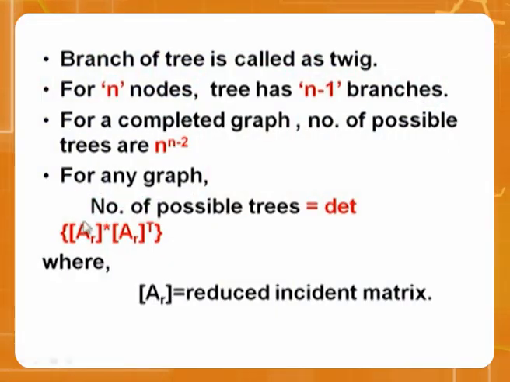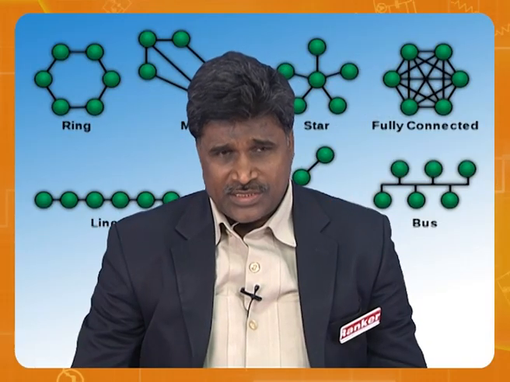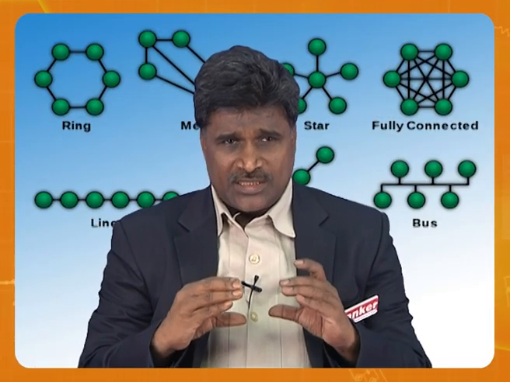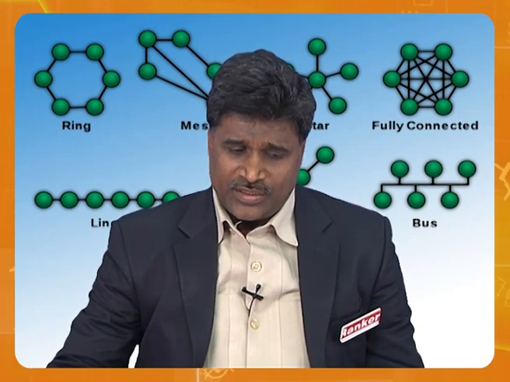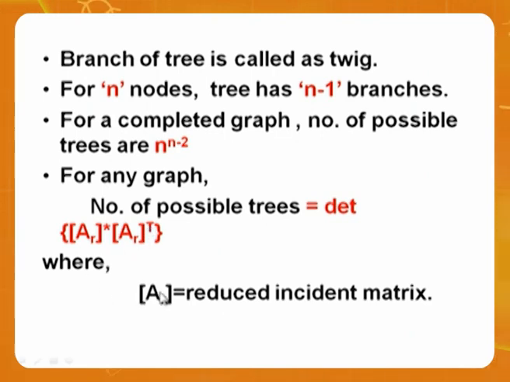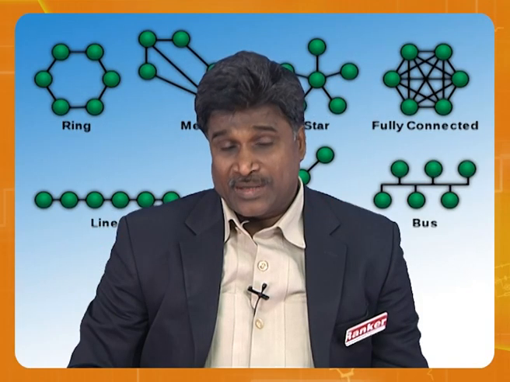For any graph, the number of possible trees is the determinant of AR into AR transpose, where AR is the reduced incidence matrix. I'll be talking about this incidence matrix within a few minutes. But most of the time, instead of wasting so much time calculating this, you can simply use n power n minus 2. So these are our properties of a tree.